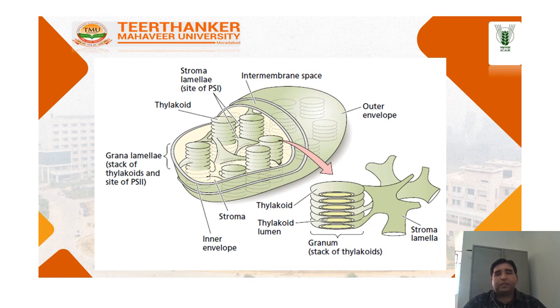The chloroplasts that are found in the cells are the main site of photosynthesis.